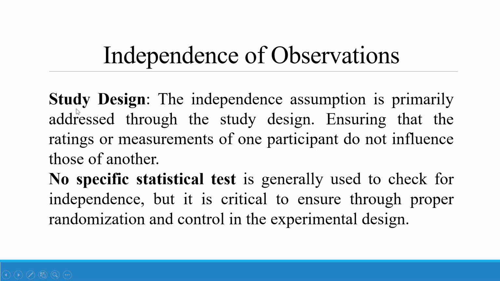This can be done by the study design. The independence assumption is primarily addressed through the study design, ensuring that the ratings or measurements of one participant do not influence those of another. We don't have any formal statistical test, but it is done through proper randomization and control in the experimental design.